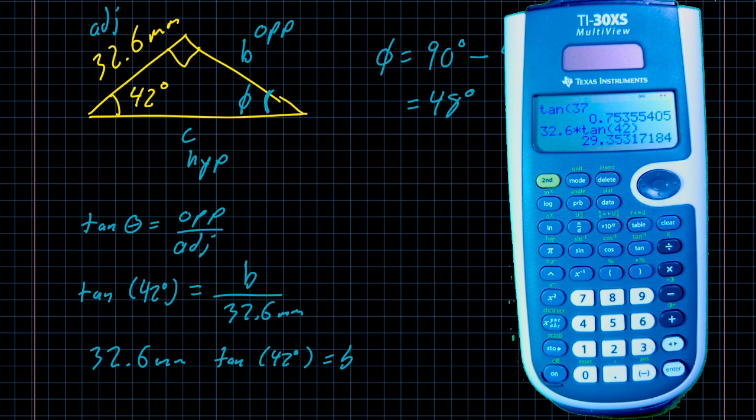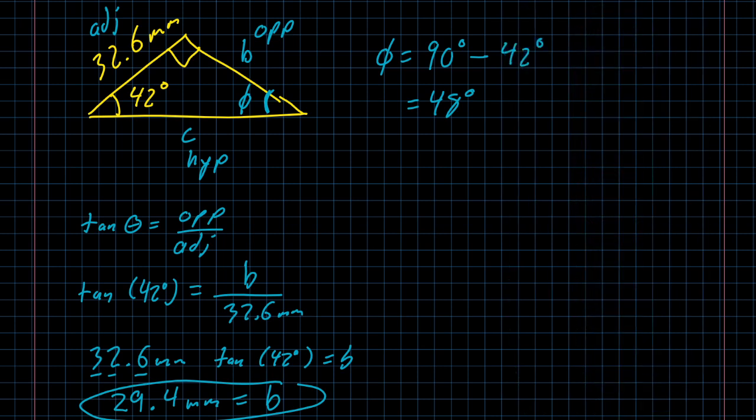And I get 29.3531, etc. Three significant digits: 29.4 millimeters is the value I'll record for side B. Right, get my calculator out of the way, and let's take a look at the other side.